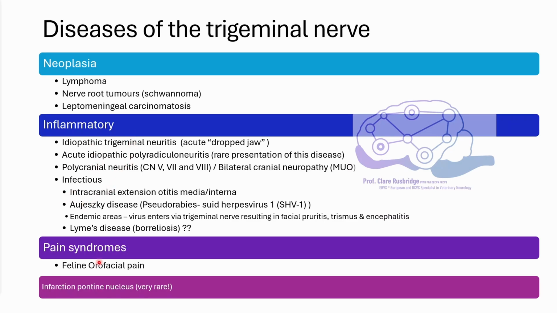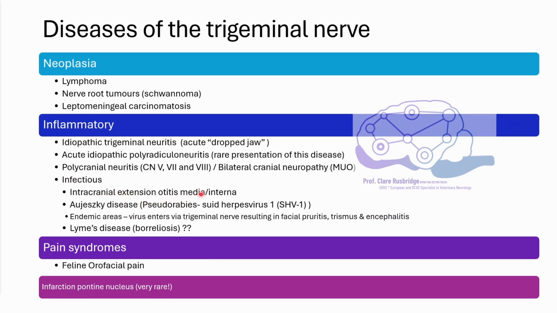Then we have infectious causes, intracranial extension of otitis media interna. When I was preparing for this YouTube video, looking through my cases of cats with trigeminal nerve problems, actually very few. And the cats were divided into this and lymphoma. So bear that in mind as a rarer cause.